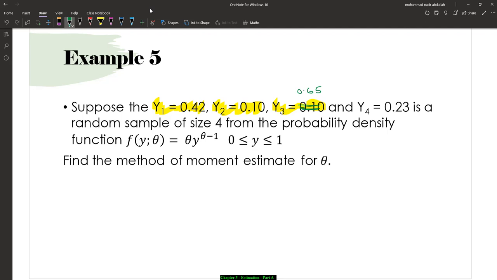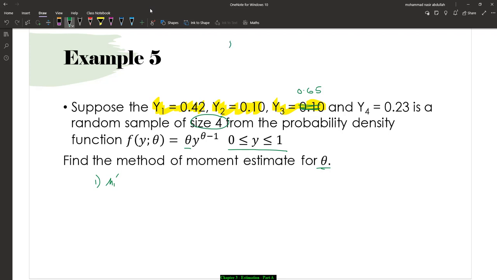It's a random sample of size 4 from a probability density function theta y power of theta minus 1, where y is in between 0 and 1. So we want to find a method of moments estimate for theta. First step is we need to find the first moment about the origin.